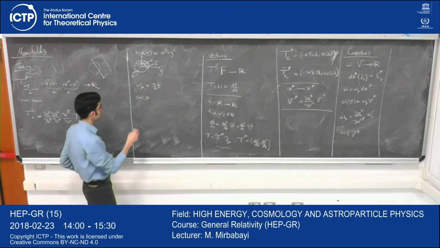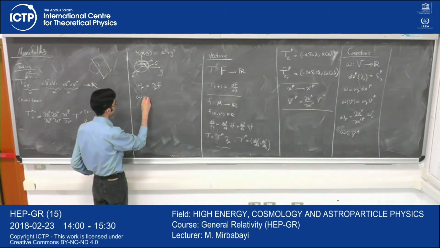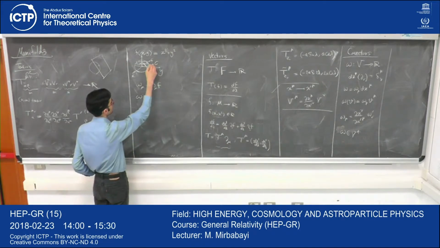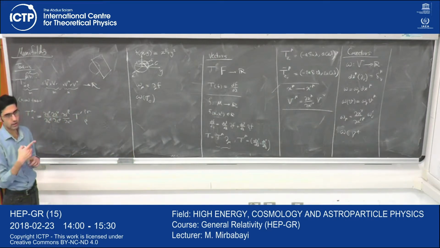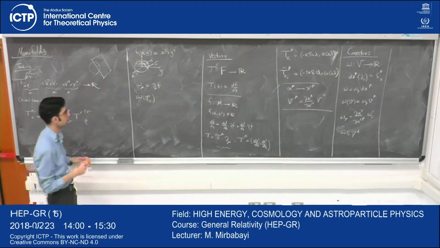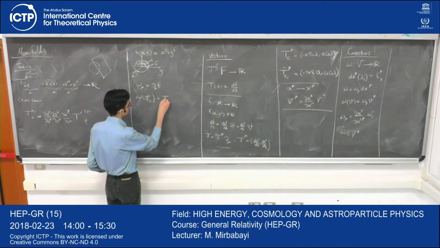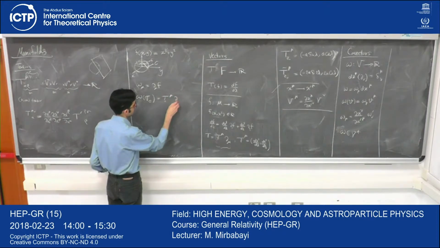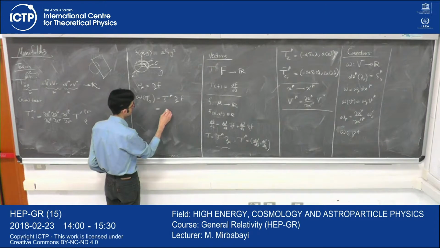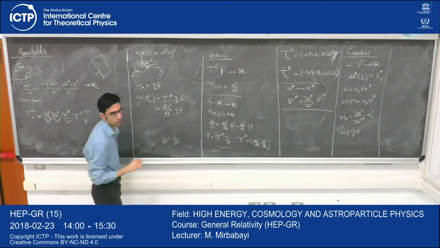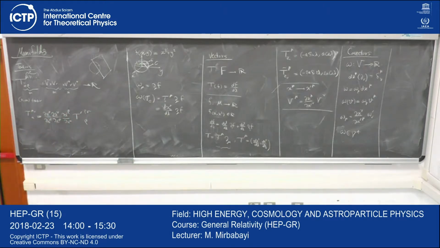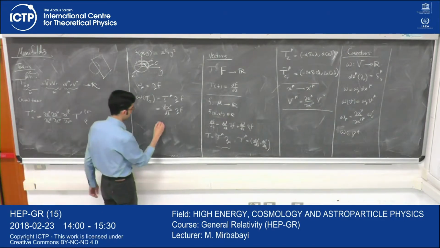When you combine omega with the tangent to this curve C, that tells you how much the function is changing as you move along C. Because this is nothing but T_C mu times d mu f, and T_C mu is just dx_C mu d lambda, times d mu f, which is df d lambda.